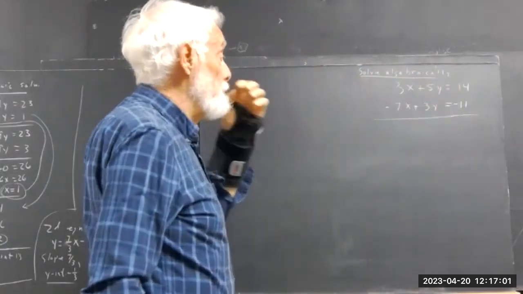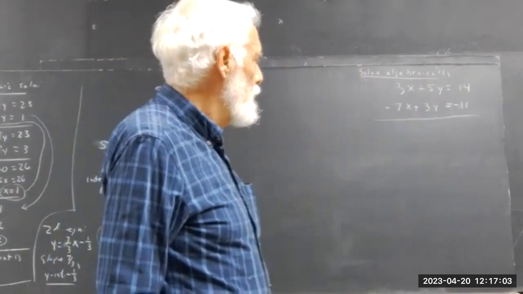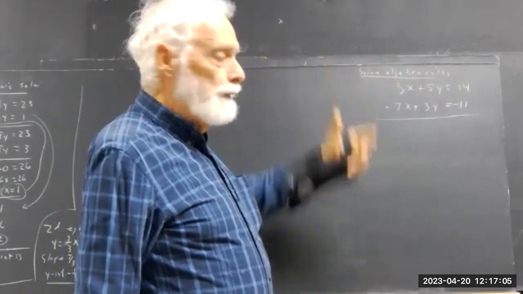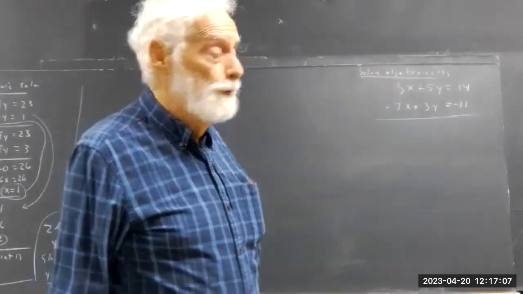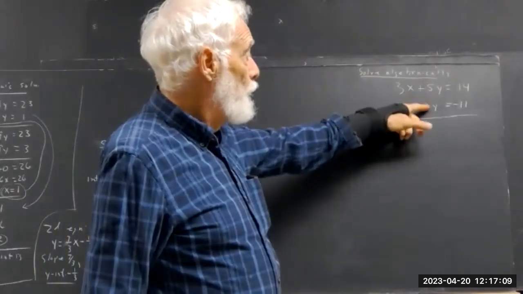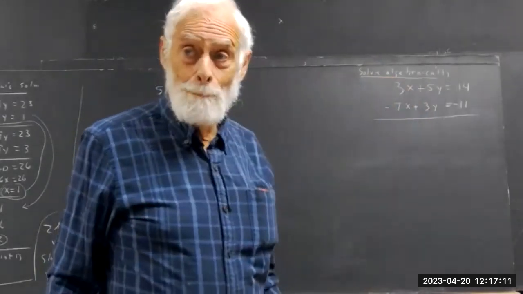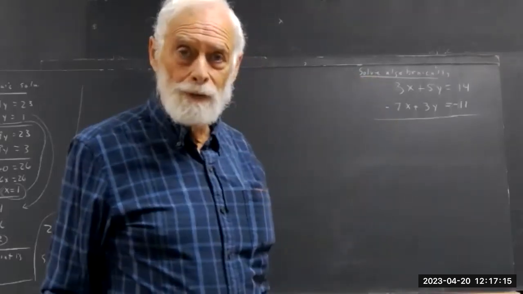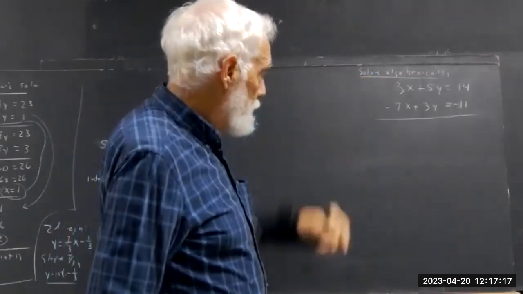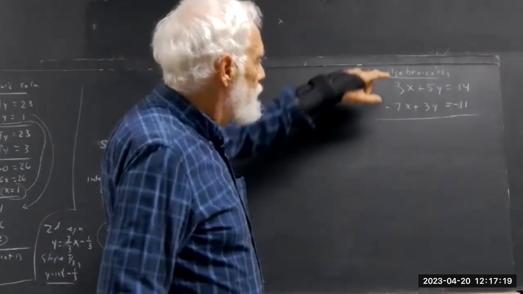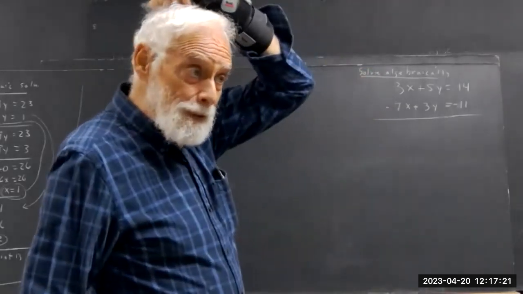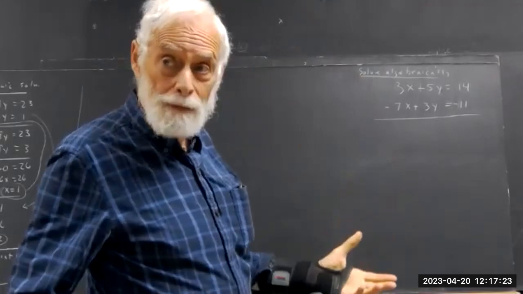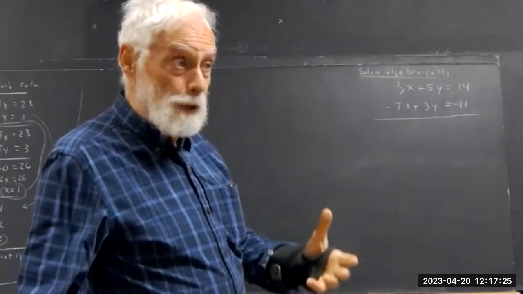I first noticed that there's no convenient number to use to match up either my y's or my x's. Now, since I have a positive and a negative multiple of x, I'm going to pick on x, in order to get the x's to subtract off, be equal and opposite.